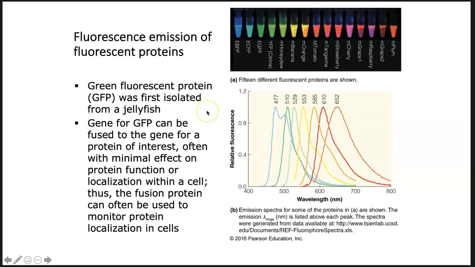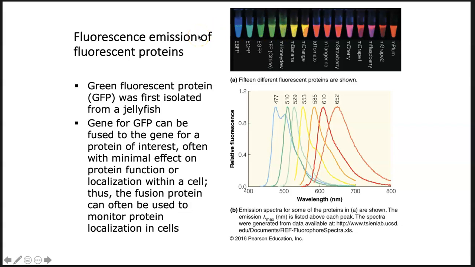This protein is used throughout biochemistry and cell biology to investigate different protein levels. You can use it as a tag because the gene for GFP encodes a protein that fluoresces. GFP was the first one identified. That is green fluorescent protein, and so it fluoresces green.